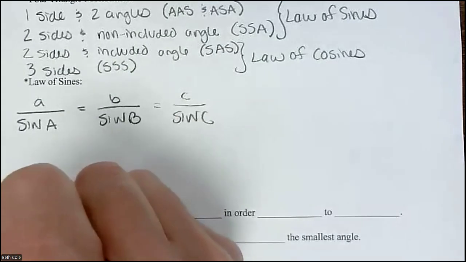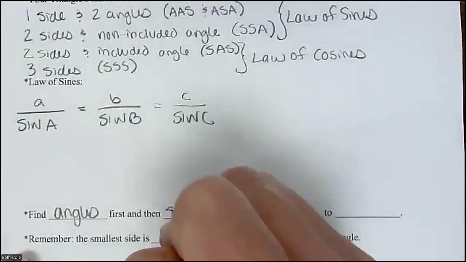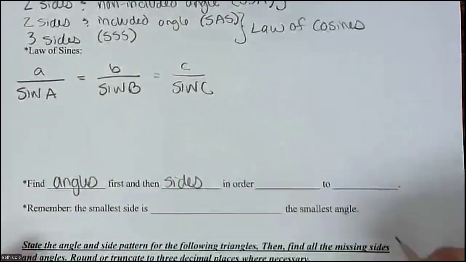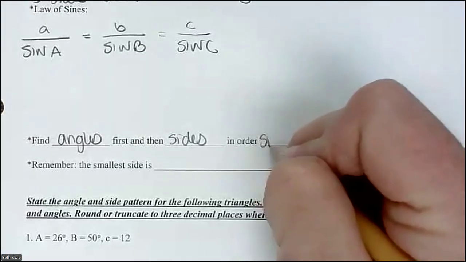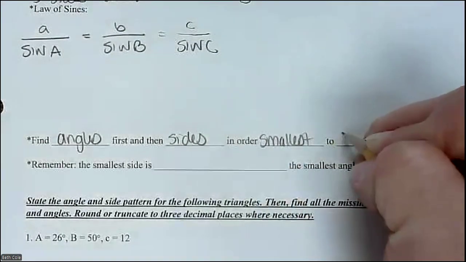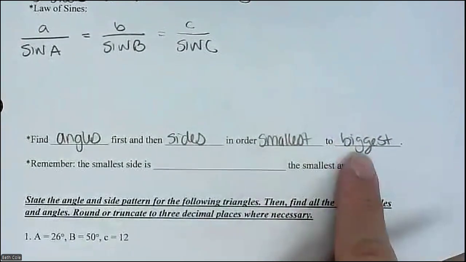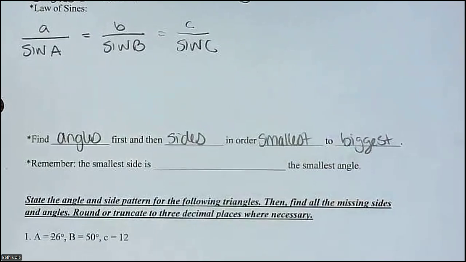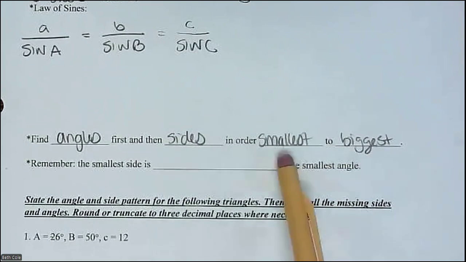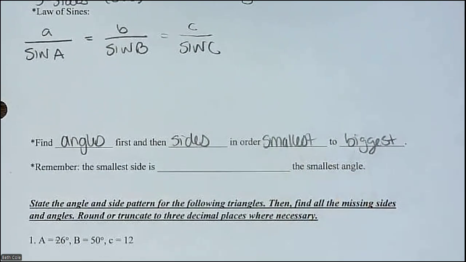So you want to find angles first, then sides, in order smallest to biggest. That actually doesn't matter for the patterns we're doing today, but it will be very important for some of the other patterns. So what I do is I teach everybody to do it smallest to biggest from the get-go. And then when we get to those ones, it's not a problem.